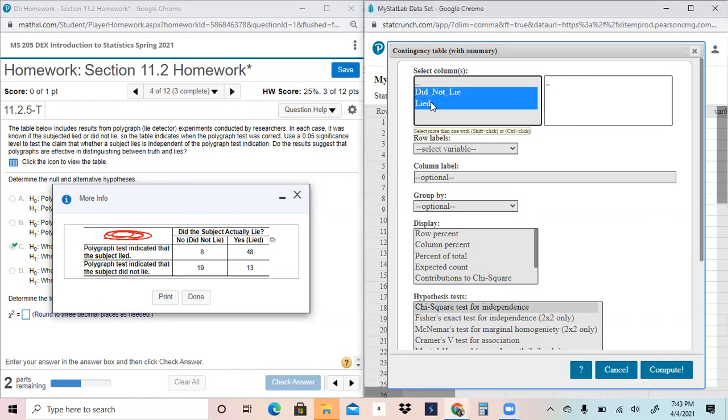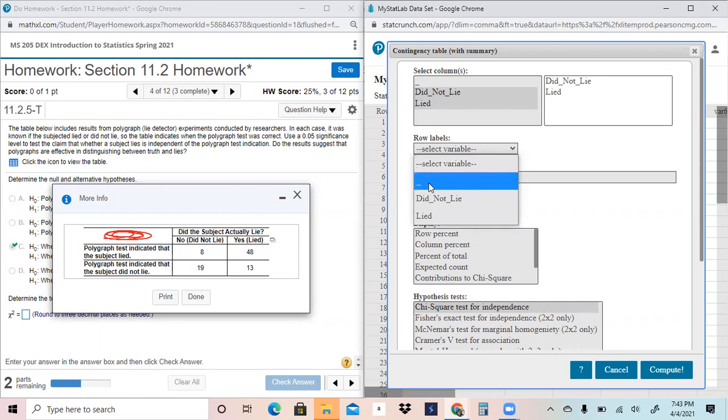The column headings are lied and did not lie, and the row label is the blank, because they didn't put anything there. This is a chi-square test for independence of the 2 characteristics.